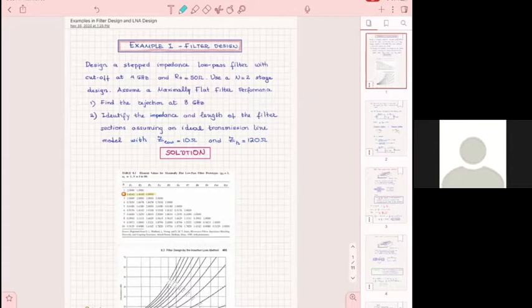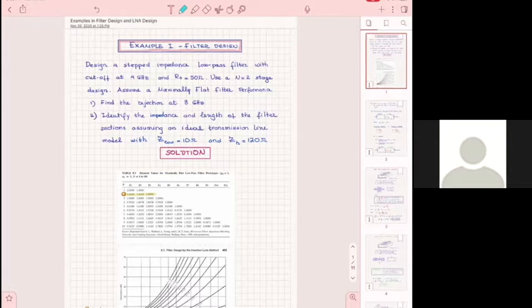So 50 ohms is a reference impedance, always. Here, I ask you to use an N equals 2 stage design. I specify how many sections I would like to have. And also, I want you to design a maximally flat filter. So I say, assume a maximally flat filter performance, okay?